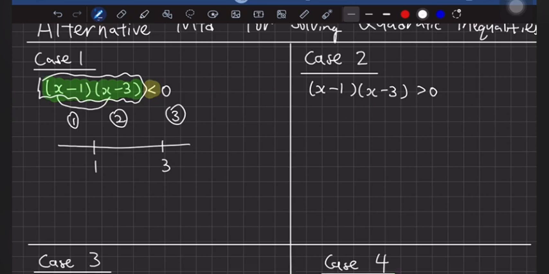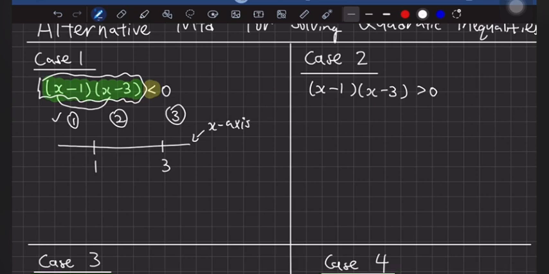I always advise students to pick from regions 1, 2, 3 the region which contains 0. We cannot pick 1 or 3, because that's where the quadratic curve cuts the x-axis. You can imagine this to be the x-axis. So I pick region 1, because 0 is in region 1.